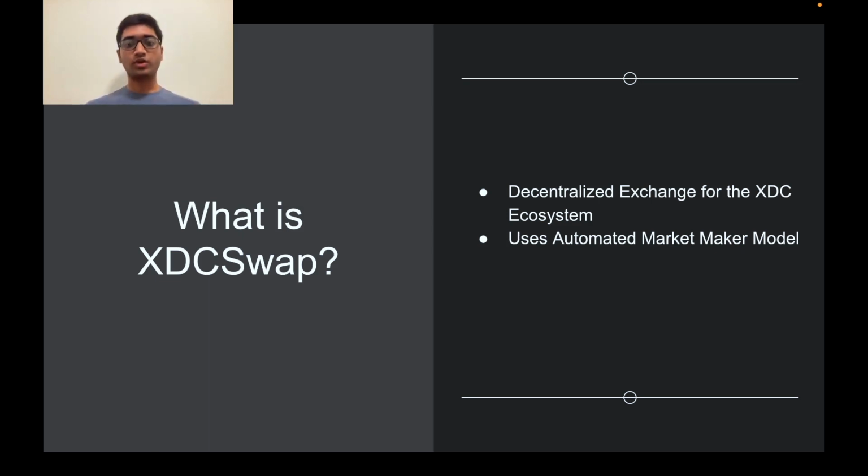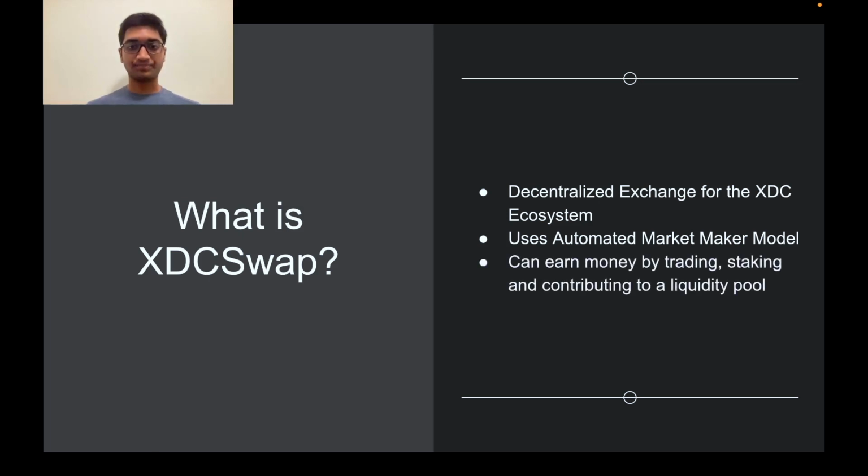So in short, you can trade XRC20 tokens or add liquidity to earn rewards. For example, you can look at various liquidity pools like the XDC and BLKZ pool. BLKZ stands for the BlocksWorks protocol, and you can trade between XDC and BLKZ, or you can contribute to the liquidity pool for that.